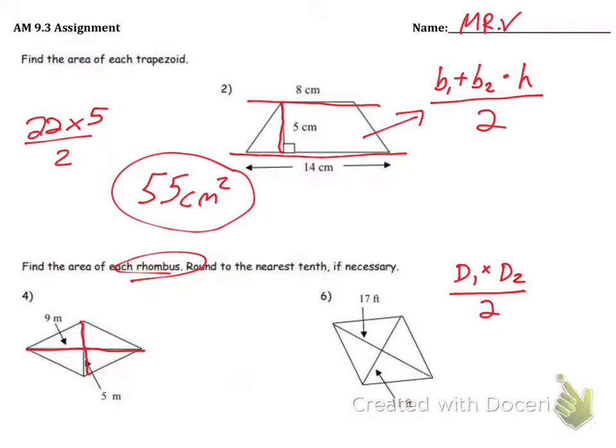So I would do 9 times 5 divided by 2, which is going to be 45 divided by 2, which is 22.5, but I think I may have done something wrong here.